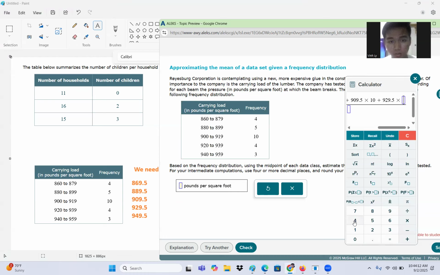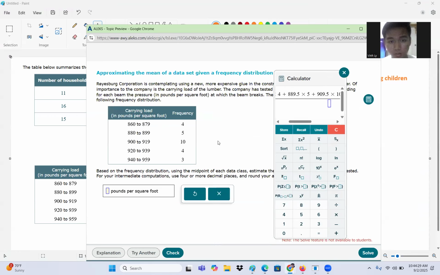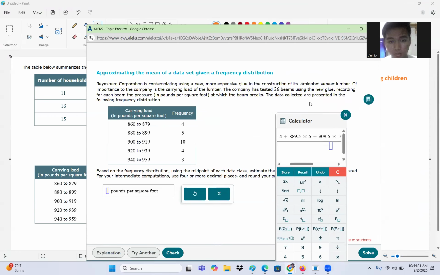times 4 plus 949.5 times 3, and then we divide it by the total frequency that we have. The total frequency that we got was 26, right? So the total would be 26.